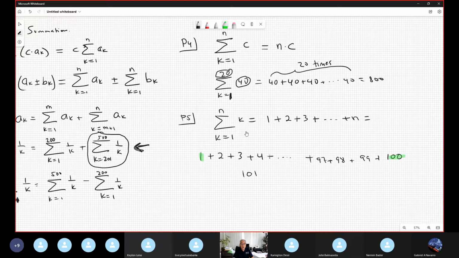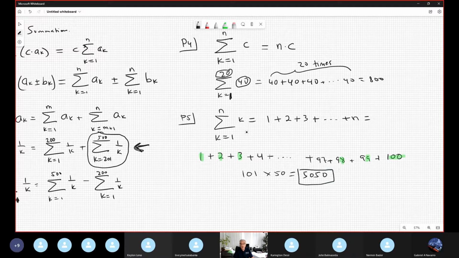And he saw, okay, 2 plus 99 is also the same number, and 3 plus 98 is the same number. Wow. So how many pairs of numbers give me 101? 50, because 100 divided by 2. We have 50 pairs, each giving 101. The answer is 5050.